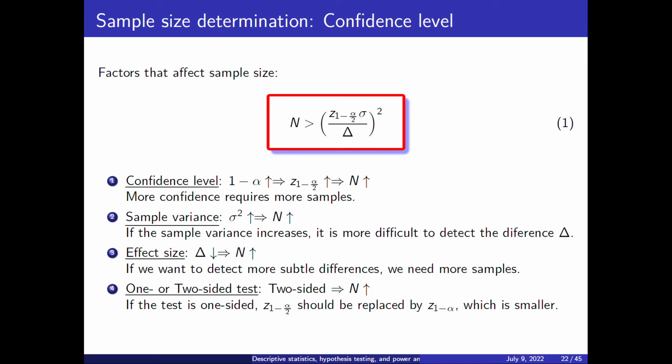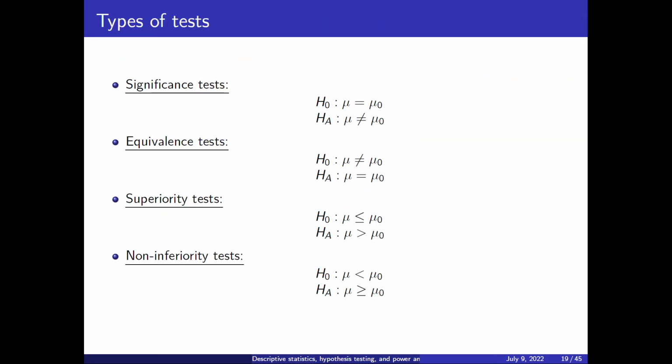So if you are trying to prove that your treatment or your vaccine is effective, you are only interested in proving in one direction. One direction means your alternative hypothesis is using one of these two signs. You don't want to show that your treatment is different from not doing anything, in the sense that it may cure you or it may get you worse. If it gets you worse, it is not that I don't care, it is that I'm not interested in showing that my treatment really gets you worse.